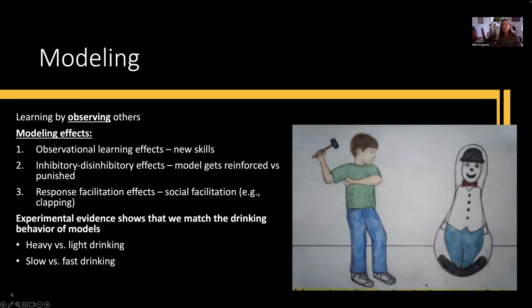Okay, another departure from traditional behaviorist learning theory is modeling. And modeling is learning by observing other people. So we can just simply watch someone do drugs, or you say, well, I didn't watch my parents do drugs, but I did, in particular, watch my parents drink alcohol every single night that I was growing up.